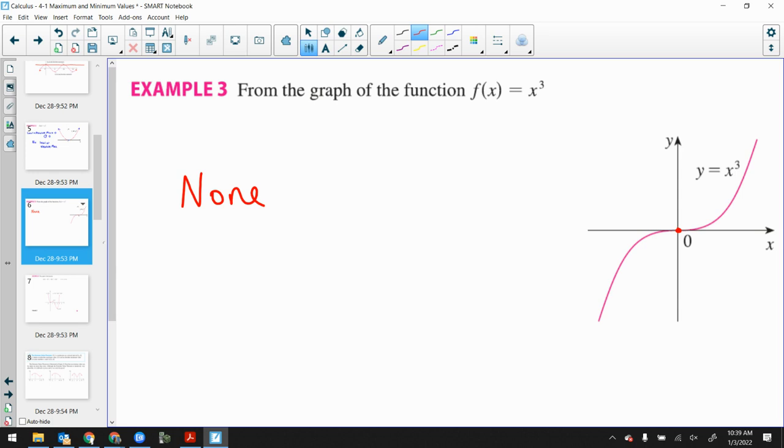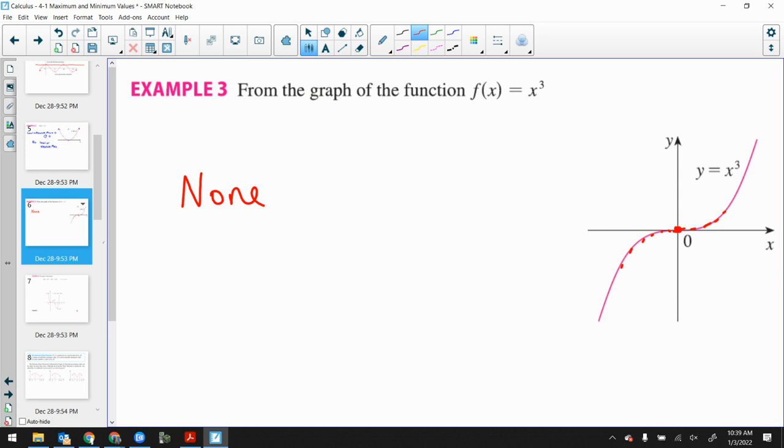Well, think about this. Our definition of a local maximum or minimum was, take maximum, for example: a local maximum happens when the value of the function is greatest around that point. Okay, so the y value is 0. Oh, all these are lower than it. Good. But are these?